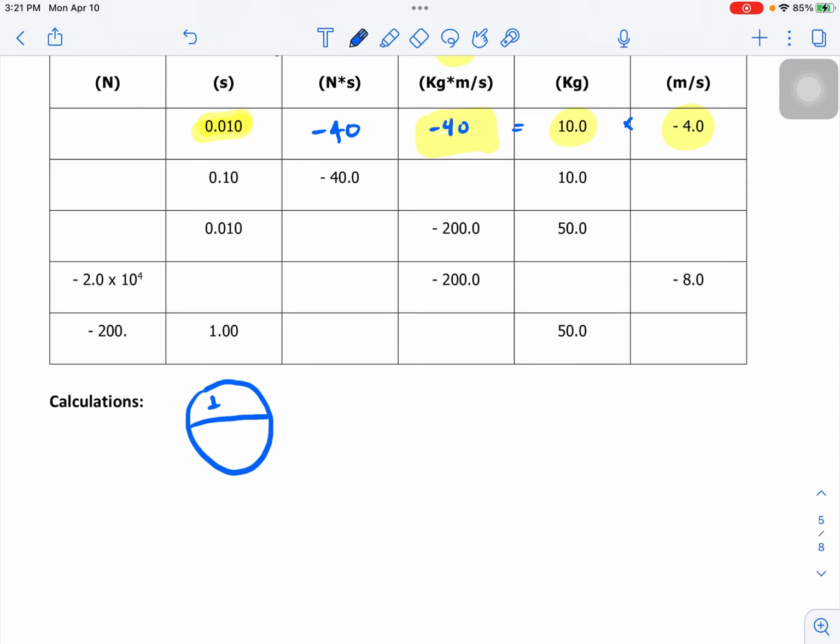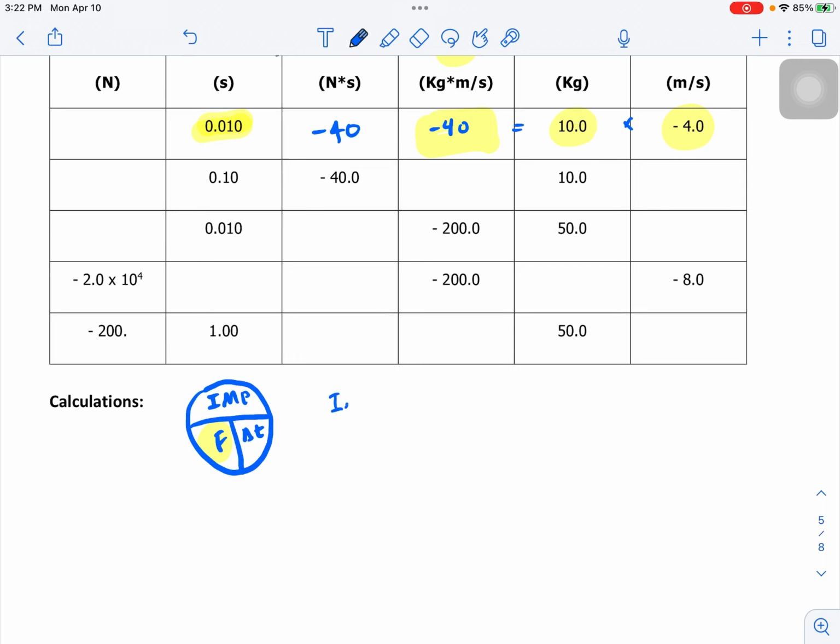And I have impulse in the top part of this, and in the bottom part, I have force and change in time. Now remember that when you're solving for something using these circle equations, you're solving for the newtons of force. So you would put your finger over the F here, and so you would take the impulse divided by the change in time.